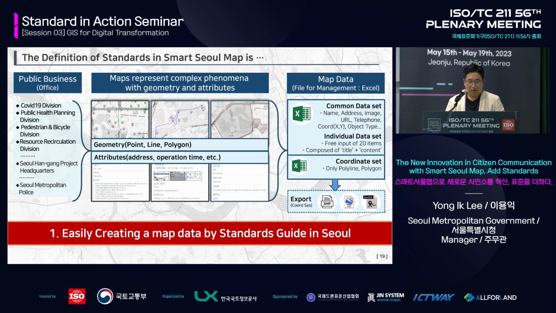To do that, we have our own set of standards at Seoul Metropolitan Government. We also provide our standards as a set of guidelines to other organizations. But it's not on us to define the specific details of the standards when they are to be used by other authorities.